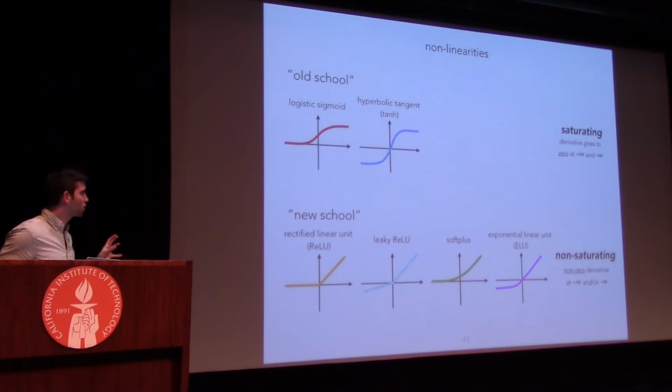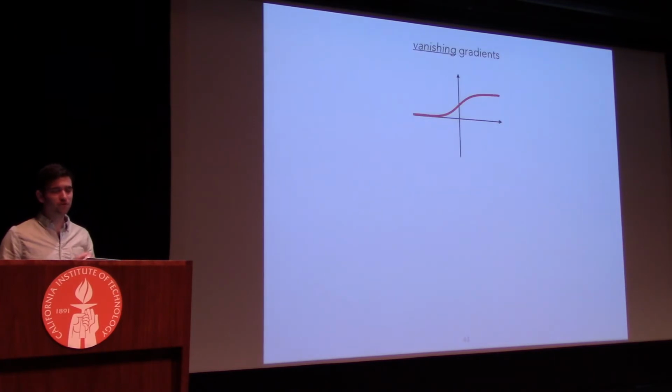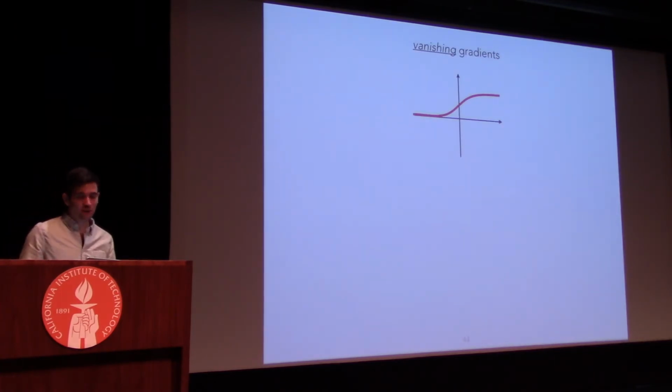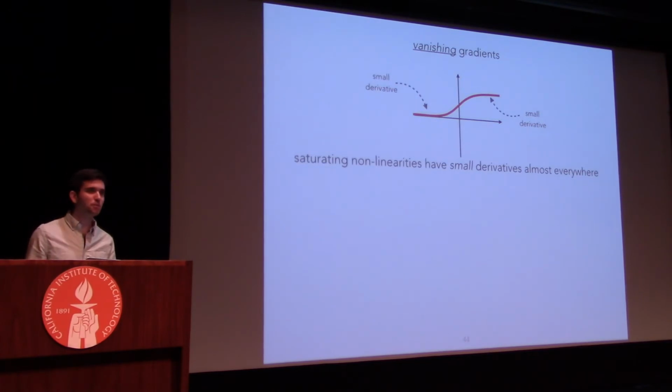But these nonlinear functions, when they're in the internal workings of the network, have some very strange properties. And one of those properties is what's called vanishing gradients. These saturating nonlinearities have very small derivatives as you move away from the origin.